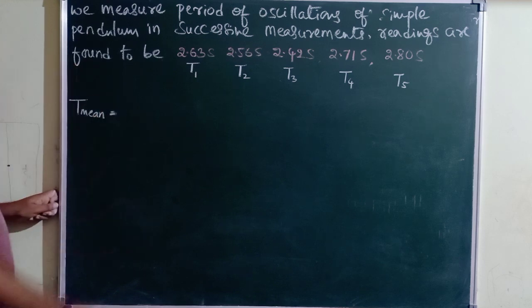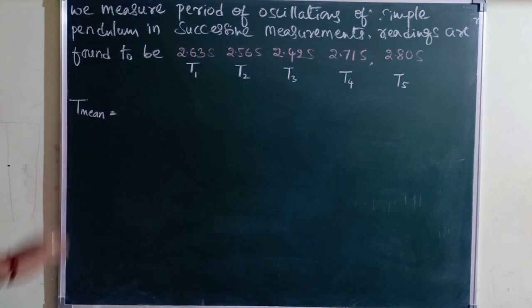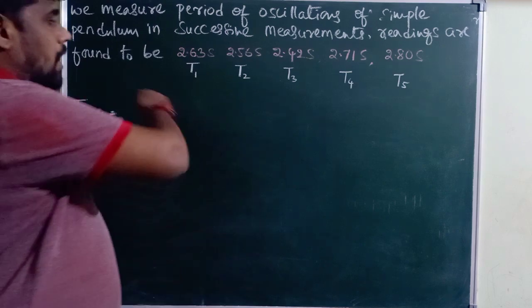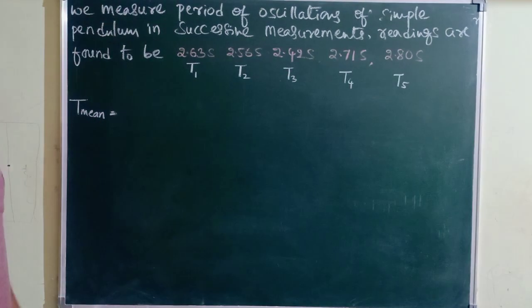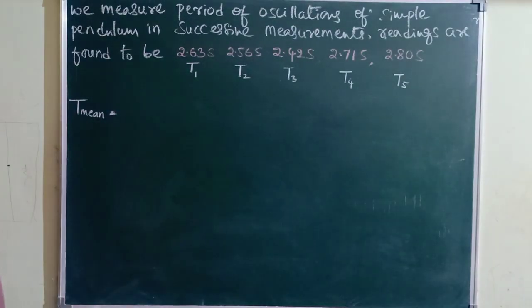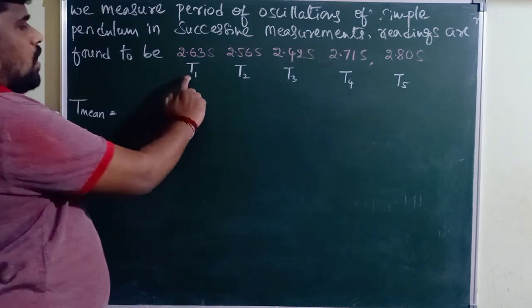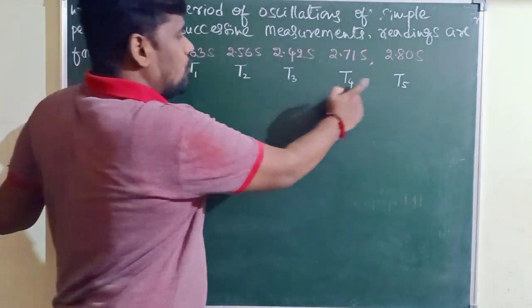T mean, I guess you know very well, last class also I explained. The procedure to take the mean value is to add all the measurements, the sum of all the measurements divided by the number of measurements. How many measurements do we have? 1, 2, 3, 4, 5.